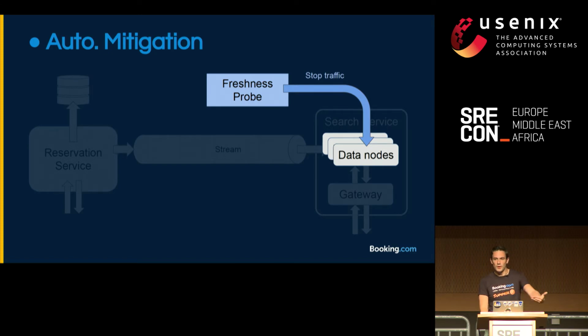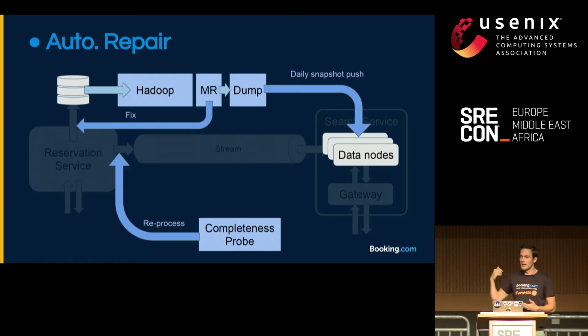But we can go a bit further, and we can repair our own data automatically now, out of the box, for free again. All this MapReduce job that we've put in checks all the data. So if some errors are there, we can detect which reservation is bad and try to fix it. We cannot always fix it, but we can really often do it. We also now have a snapshot of all our data, 23 years of data, and we know it's good, or at least we should know whether it's good or not.